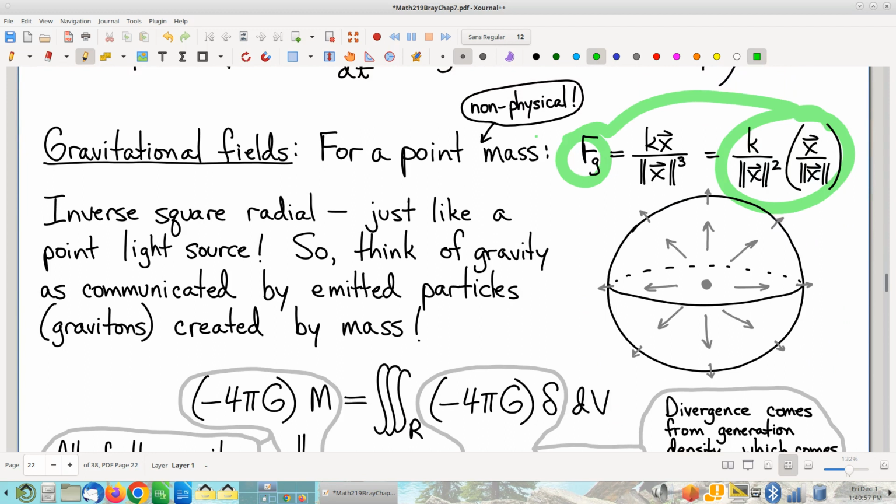a reasonable sort of physics-y kind of hack would be to say, let's pretend that this vector field representing forces is actually literally representing little particles called gravitons that communicate gravitational force. And so again, everything fits, because if I pretend gravity is made by particles shooting out of a point source, I get the exact correct structure for the vector field.